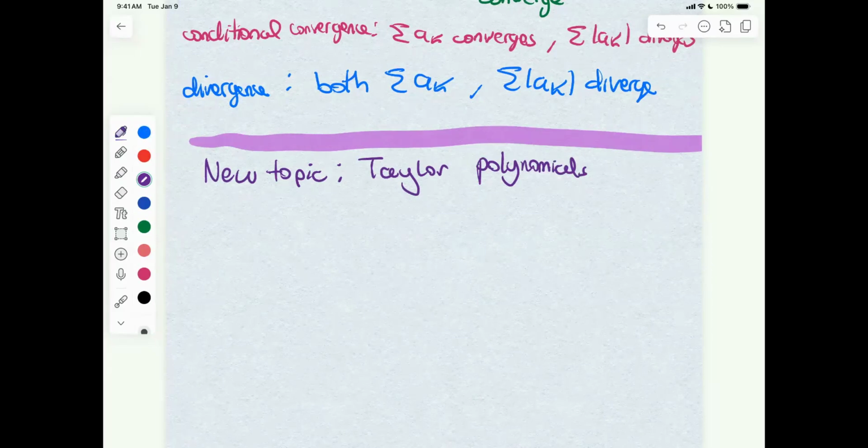So what is a polynomial? A polynomial is just a combination of terms like x squared, x cubed, x to the 4, right?